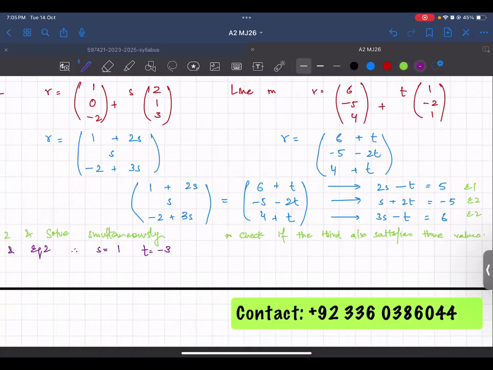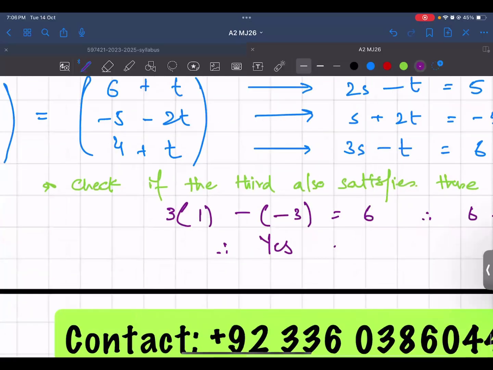So the third equation is 3 times s, which is 1, minus minus 3, is equal to 6. So it is coming out as 3 plus 3 is 6. 6 is equal to 6. So yes, it is satisfying. And when it is satisfying, they are intersecting.